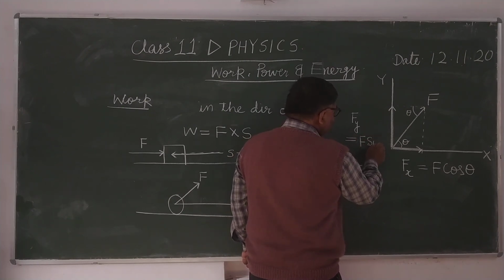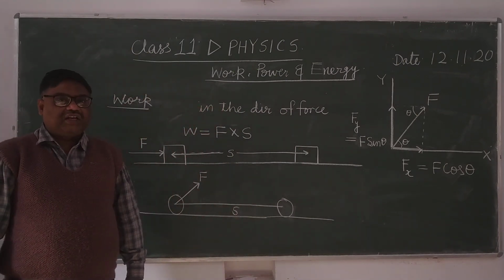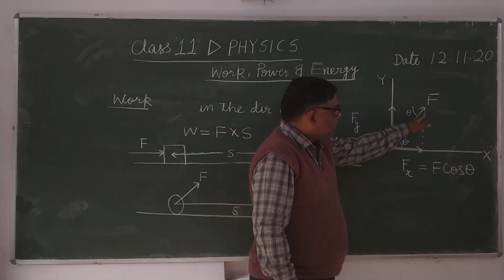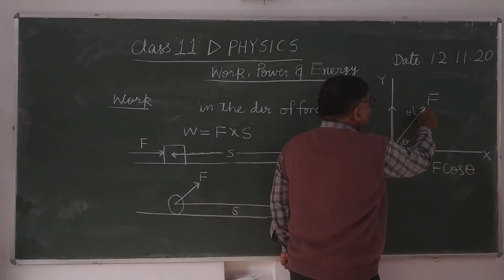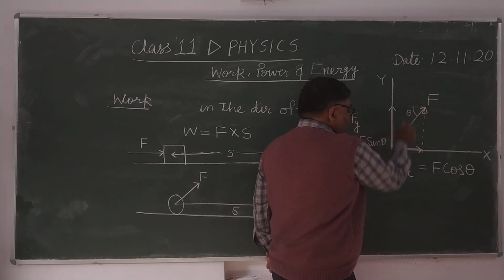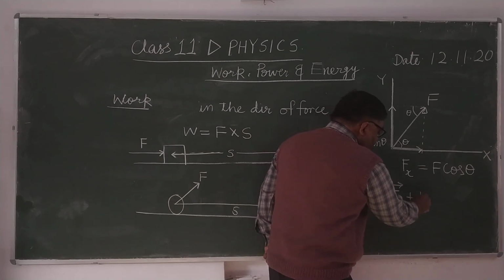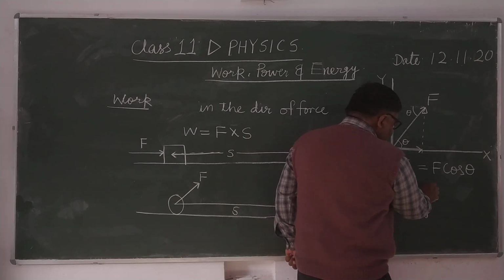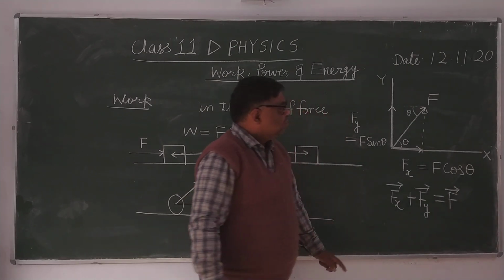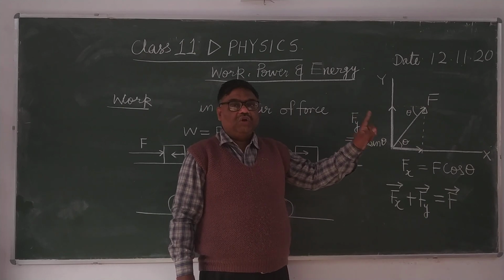F sin theta. Now if we apply the parallelogram law of vector addition or the triangle law of vector addition, this vector can be transferred here. So here you can see that vector Fx plus vector Fy will be equal to vector F. In this way, we can resolve any vector completely into two mutually perpendicular vectors.